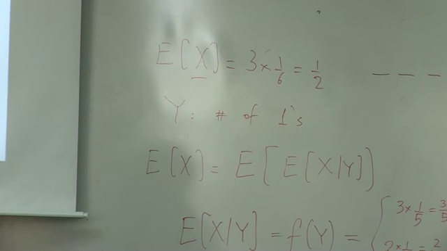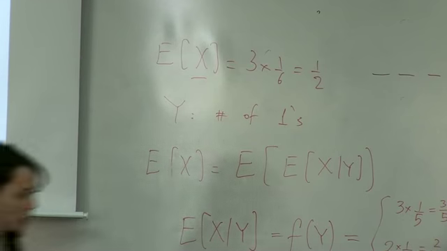In 3 throwings of the die, what is the expected number of successes? 3 times 1 over 6. Let's elaborate more on this. Okay. Let's open a window here.